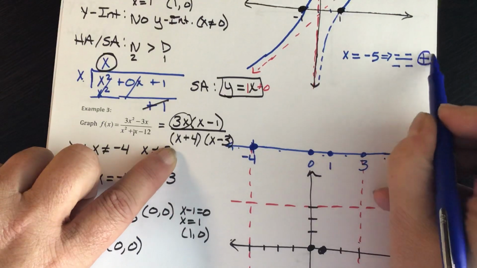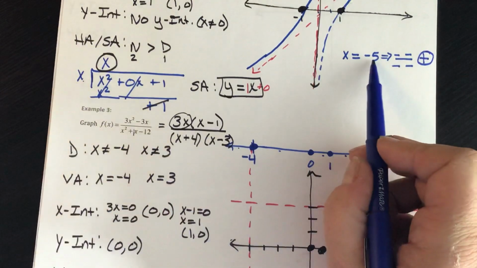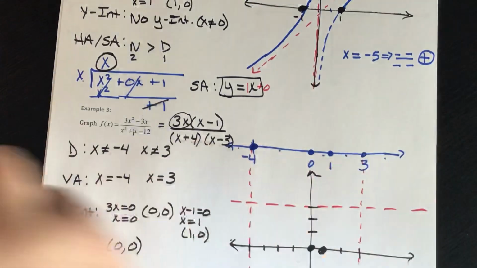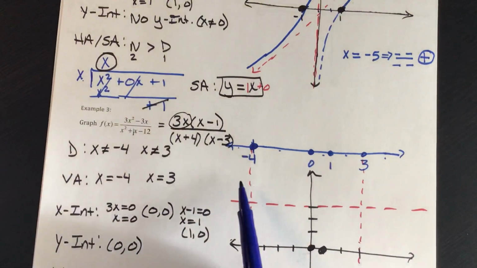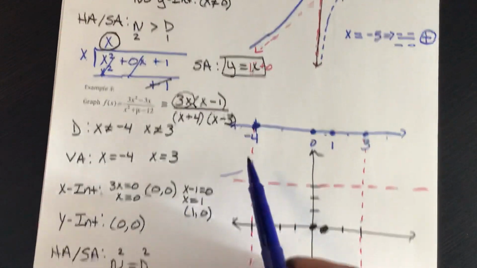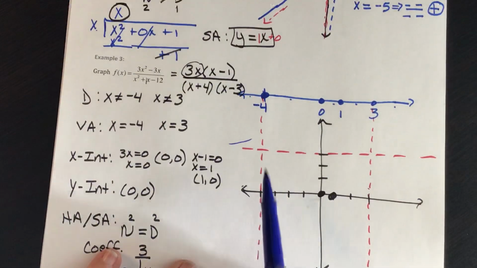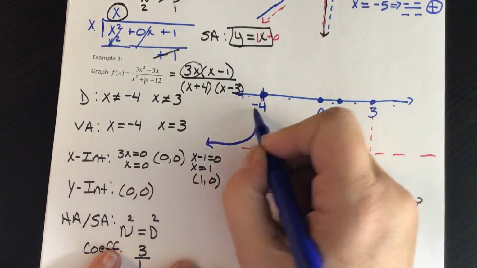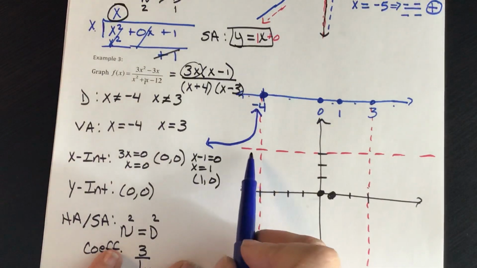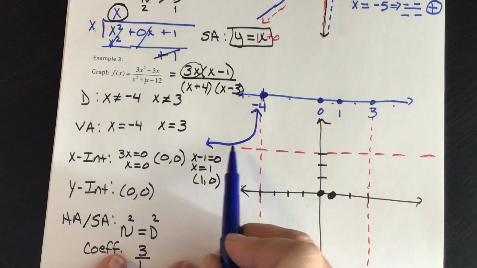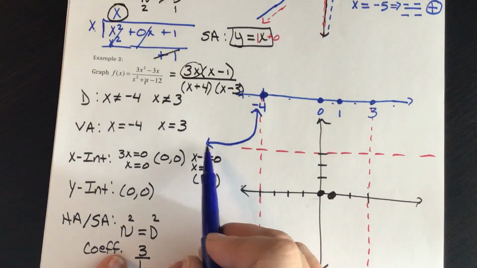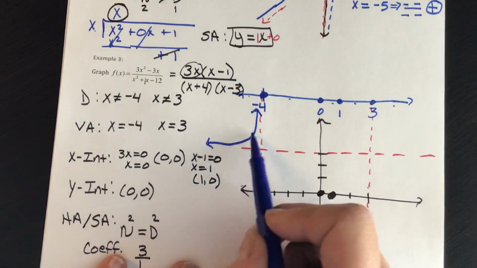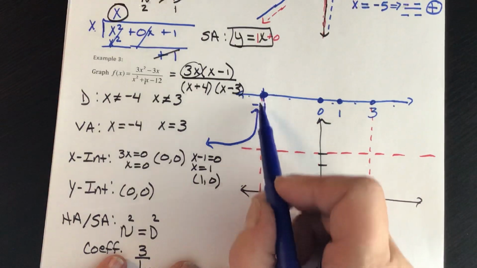So in this area, to the left of negative 4, I'm going to have positive values. So the graph is going to look like this. To the left of negative 4, it's going to keep approaching our horizontal asymptote at y equals 3, and it's approaching our vertical asymptote at x equals negative 4.